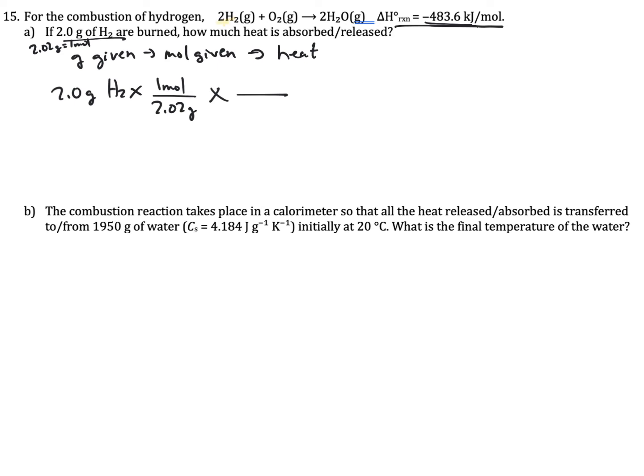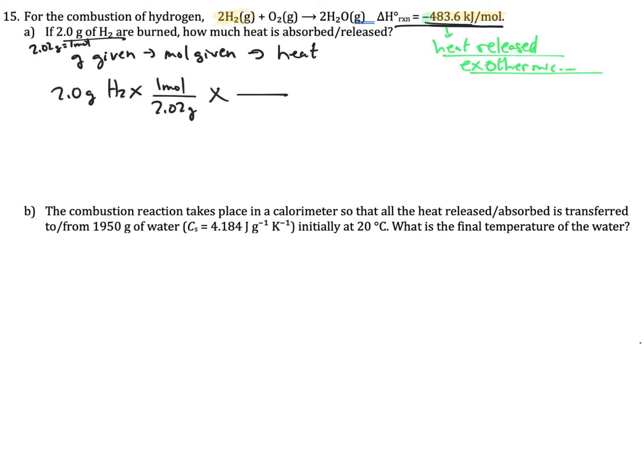So I have 2 coefficient for H2. For every 2 moles of H2 I burn, I have negative 483.6 kilojoules of heat. Remember, the negative sign there means that that's heat released. So this is an exothermic reaction.